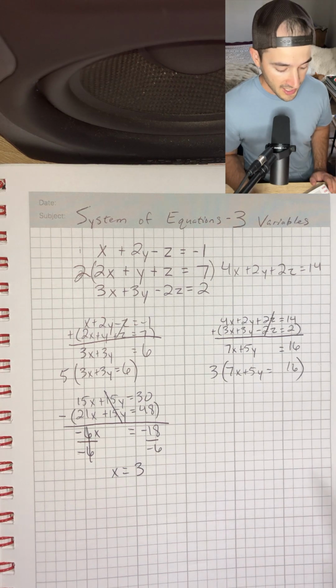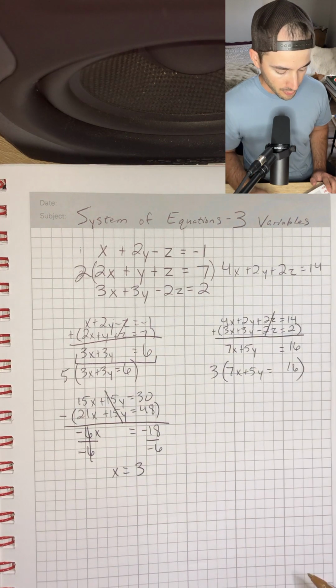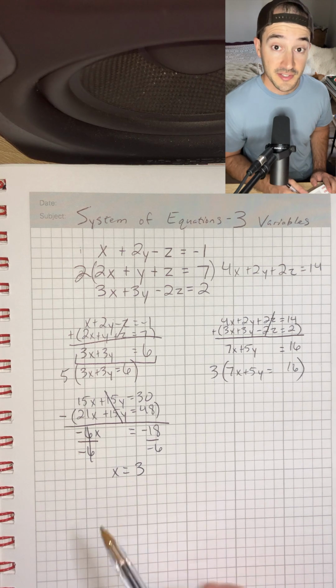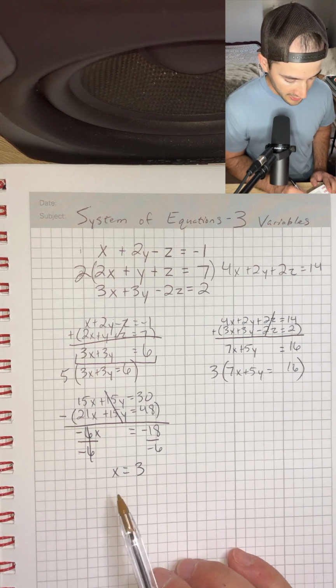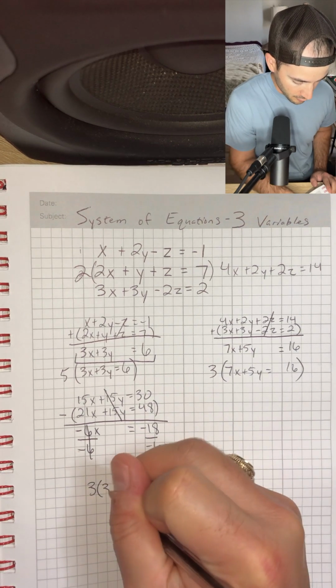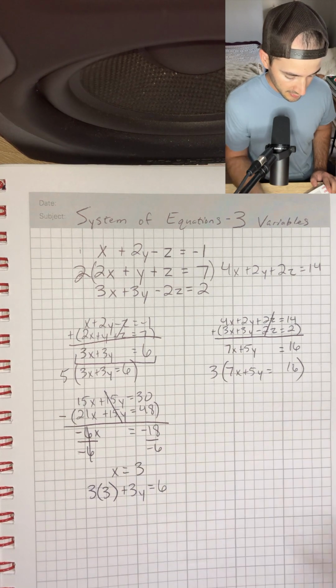Now to solve for y, I'm going to go back to this shorter equation that we had up here. 3x plus 3y equals 6. And I'm going to plug in 3 for x so that we can solve for y. So when I do that, we'll have 3 times x is 3, so 3 goes right there, plus 3y is equal to 6.